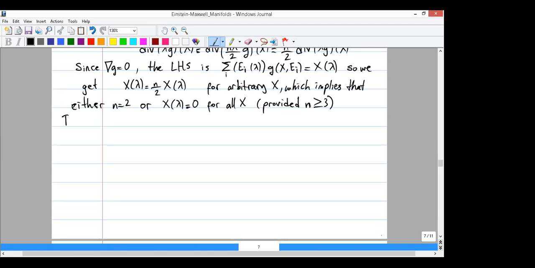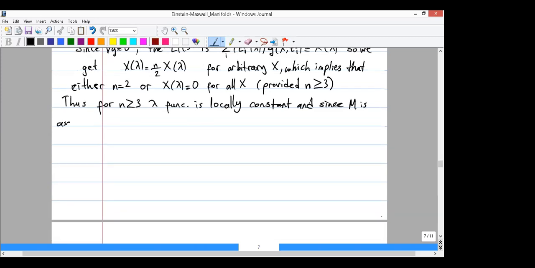Thus, for n greater than or equal to 3, the lambda function is locally constant, and since M is assumed to be connected, it is also even globally constant.